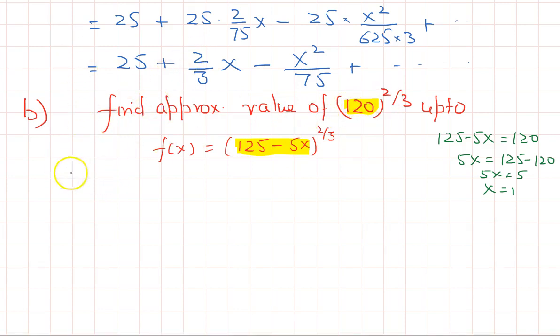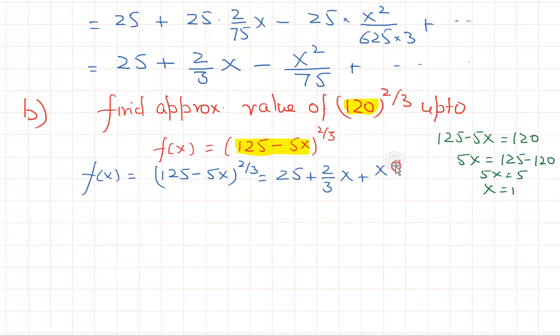So we have f(x) equal to (125 minus 5x) to the power 2 over 3 is equal to 25 plus 2 over 3 x minus, not plus, this one is minus, x square over 75.